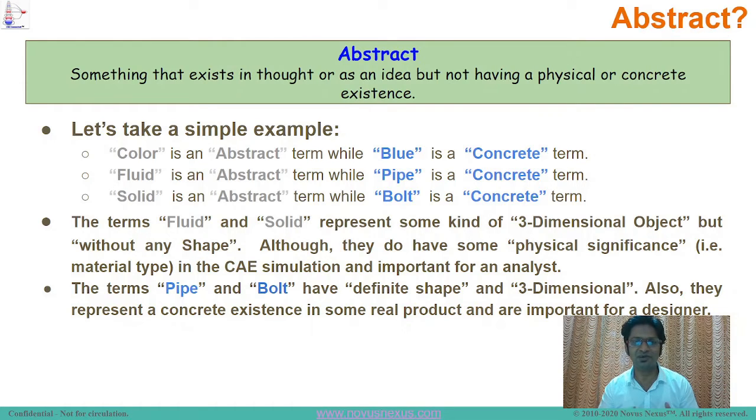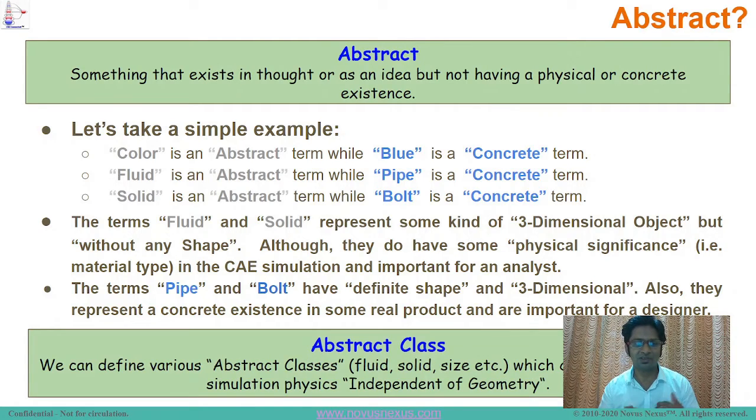So the terms fluid and solid represent some kind of three-dimensional object but without any particular shape, whereas terms like bolt or pipe have a definite shape and definite dimensions. So we can define various abstract classes like solid, fluid, size, etc., which can be used to define simulation physics independent of your geometry.